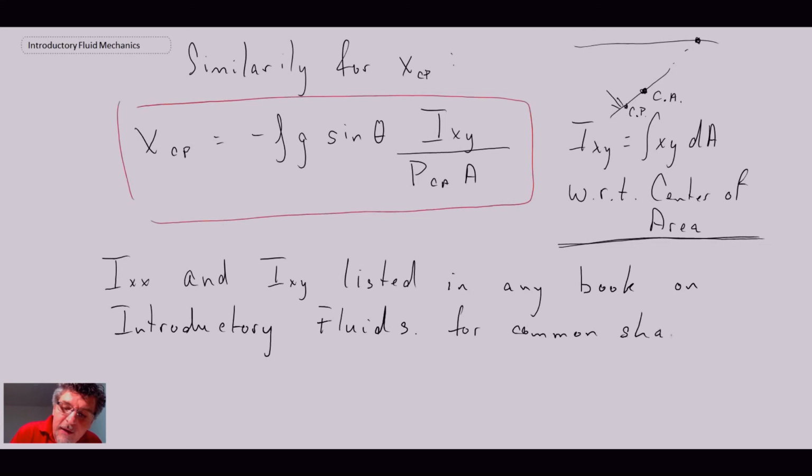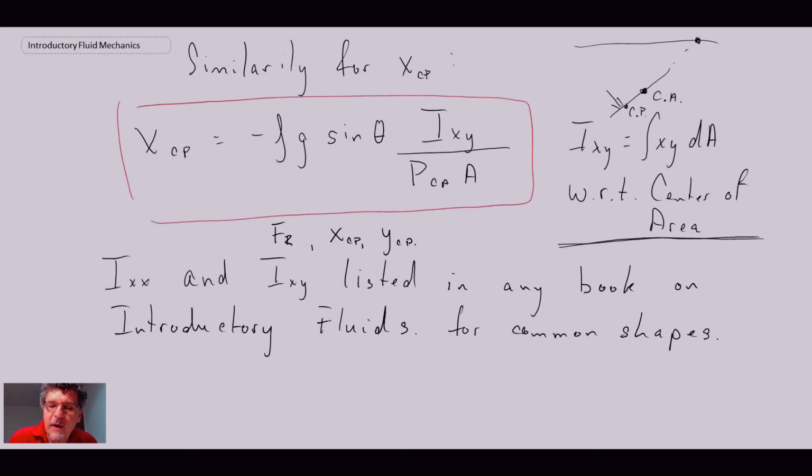So that concludes the process of determining, first of all, the force that acts on a planar submerged surface, and then we followed it up by determining, we got FR to begin with, and then we got XCP and YCP. And what we find is that the center of pressure is different from the center of area.